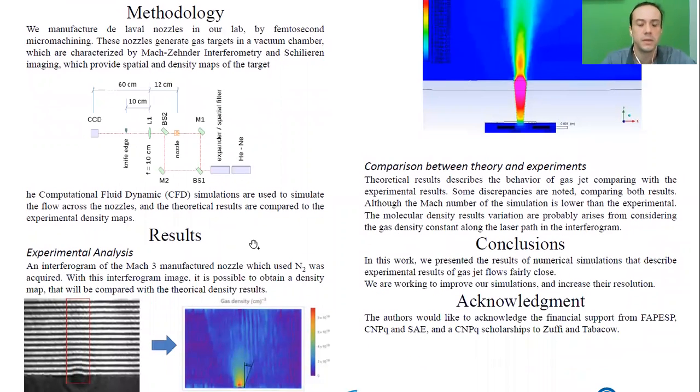The fluid used is ideal N2 in a CFX model of ANSYS, and the gas flow is described by the Navier-Stokes equations. The backing pressure simulated is 50 bar, and the background pressure is determined with an exhaust pressure of 20 millibar.